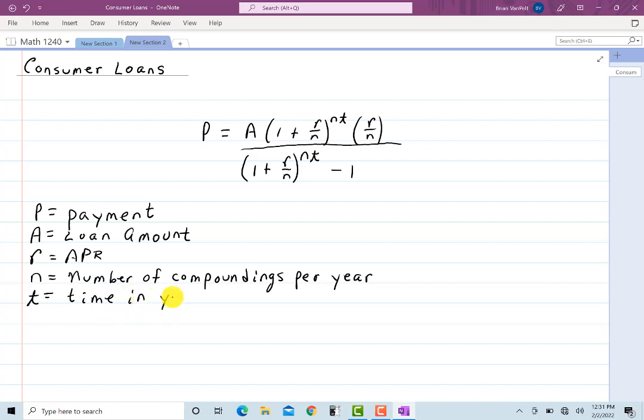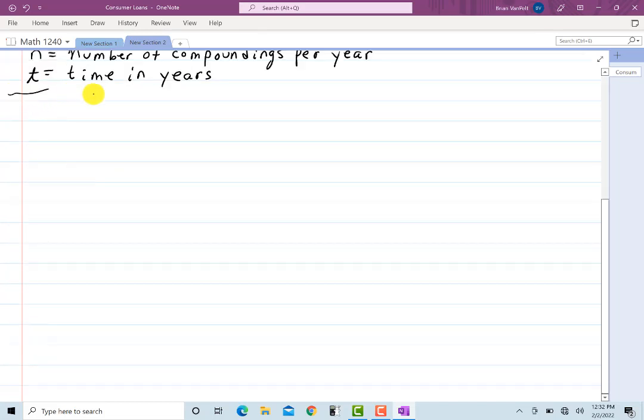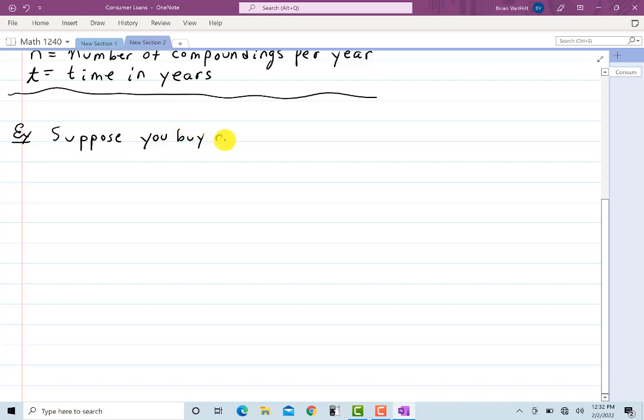in years. So I'm going to spend a lot of time doing some examples to show how this formula works, and to show you how to plug it into your calculator, because it's a pretty brutal formula. So let's start off with an example. Suppose you buy a car for $16,500.